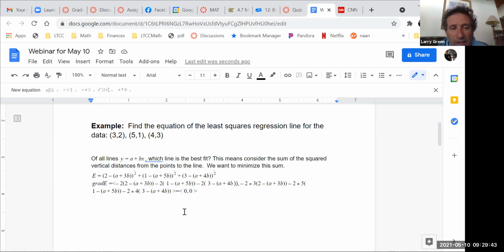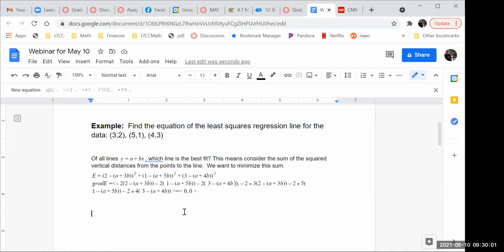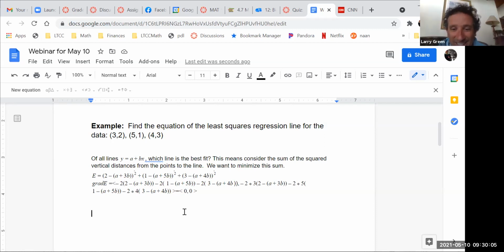Okay, and when I solve it, I'll get my A and B, and that's the A and the B for the least squares regression line. And it's messy. Okay, if you have 100 points, you would never do it this way. How would you do it? Take a limit. No? Yeah, I like that one. Use a computer.